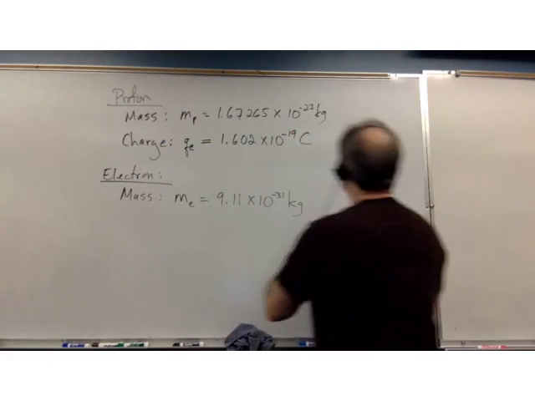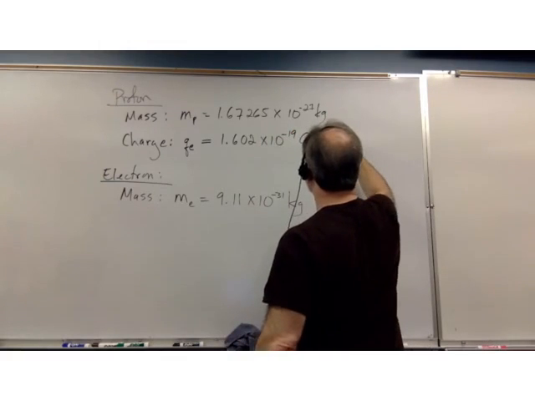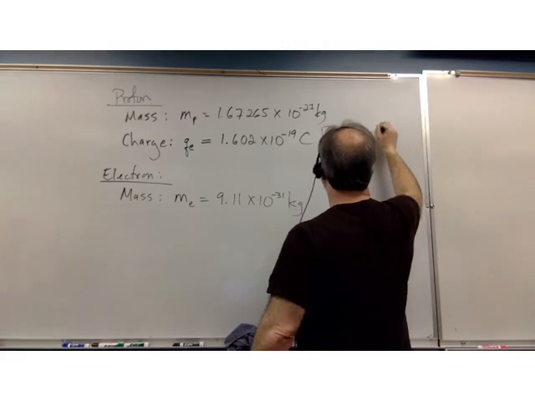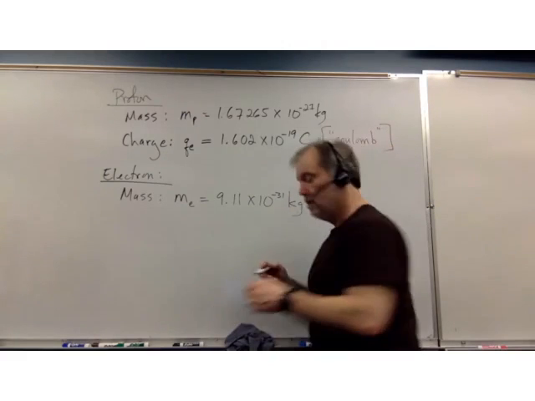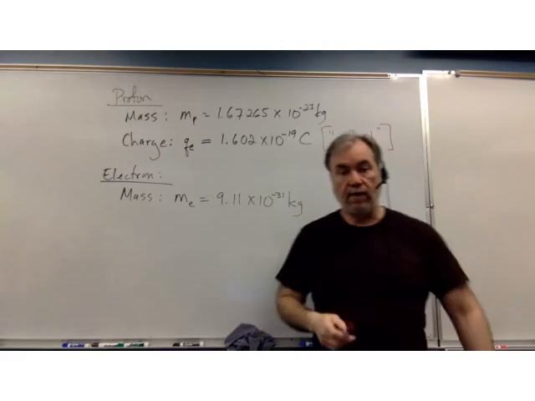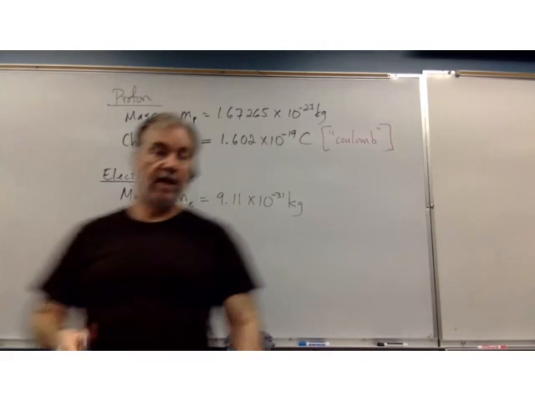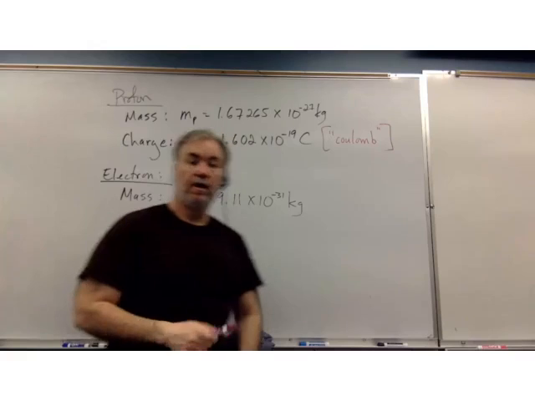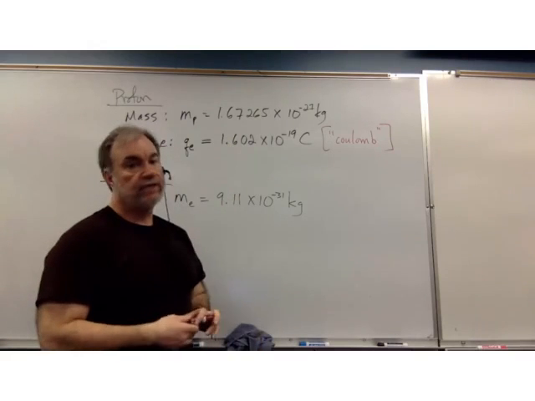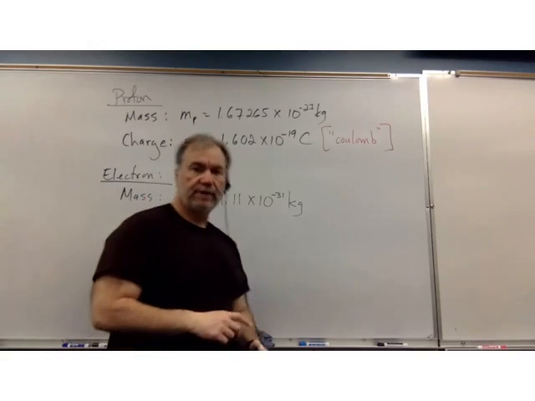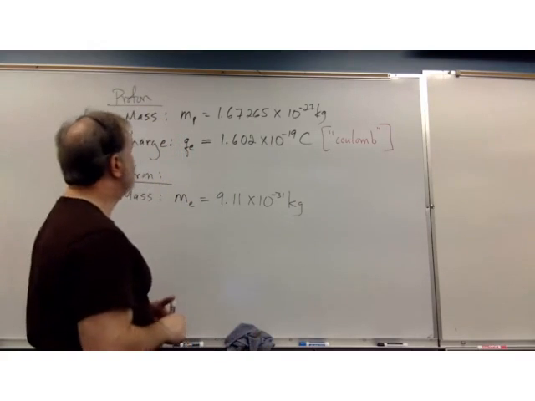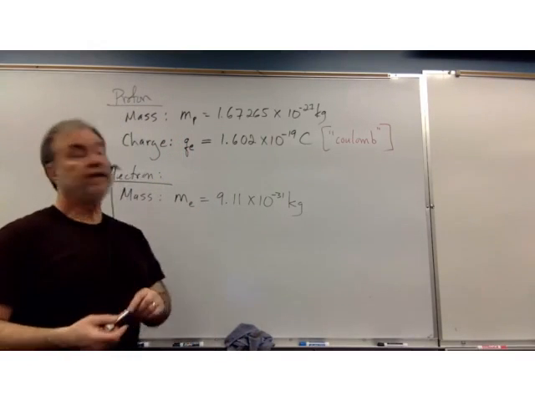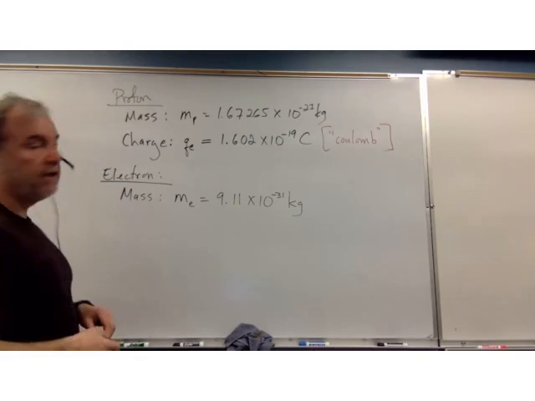A coulomb is, as I just said, the unit of electric charge in the SI system of units. It is named after a French physicist, Charles-Augustin de Coulomb. Back in the late 1700s, he did a lot of important work in studying electric charge, and so he got the unit named after him.